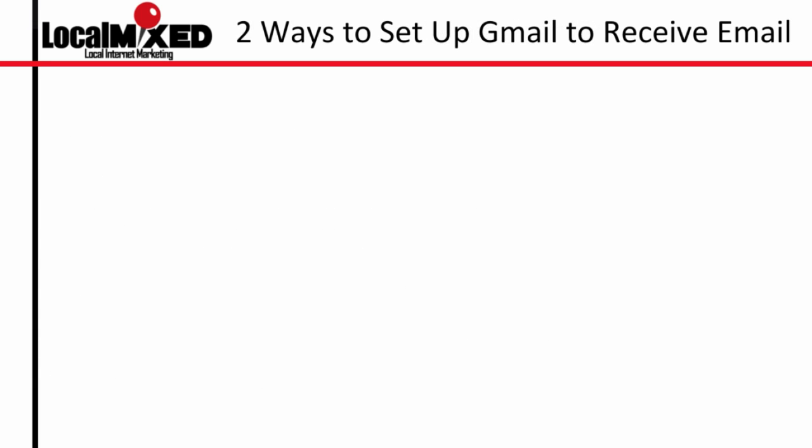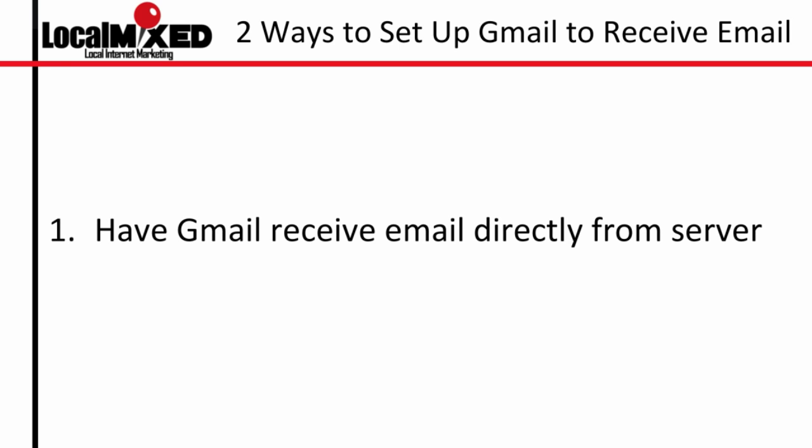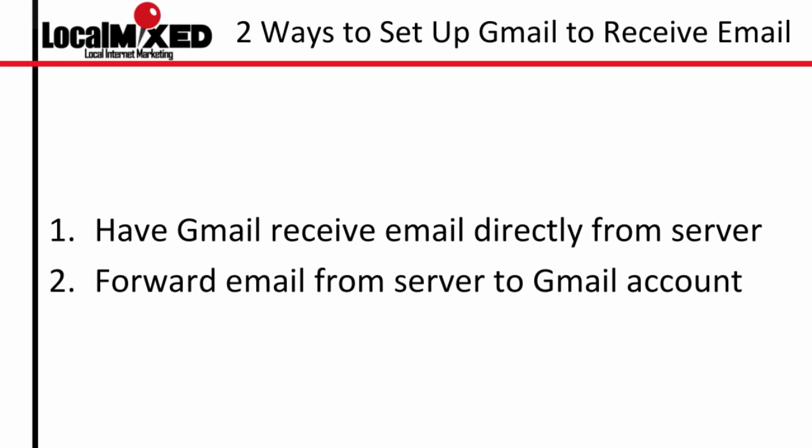So let's talk about the two ways to set up Gmail to receive email. You can have Gmail receive email directly from the server, meaning it's going out and grabbing the email from your server and putting it on the Gmail server. Or you can just have it forward email to your Gmail account.